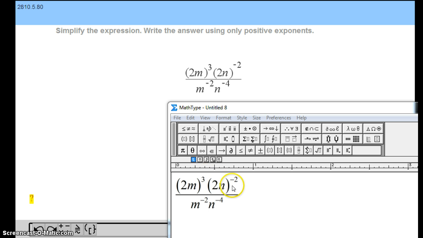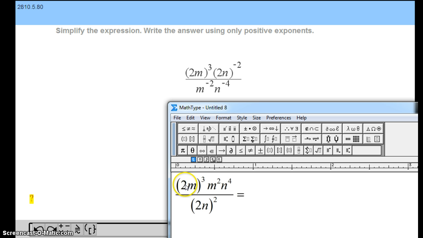Both of these are negative, so we can rewrite them on the top as positive, so let's get rid of those negative signs. And this whole thing will go to the bottom, and we can get rid of the negative sign.